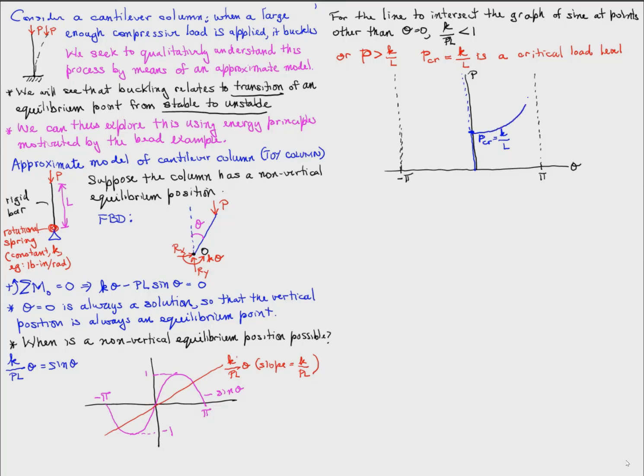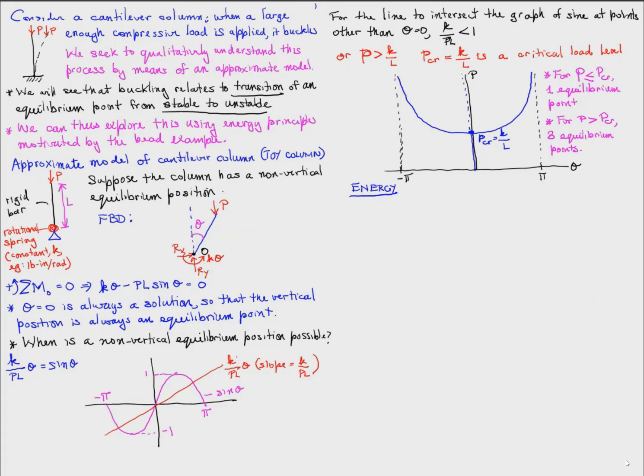For P greater than P critical, vertical as well as non-vertical equilibrium positions are possible, as shown in this plot. So for P less than P critical, there's only one equilibrium point, namely the vertical equilibrium. And then for P greater than P critical, there is the vertical equilibrium as well as an equilibrium point deflected to the right, and an equilibrium point deflected to the left.